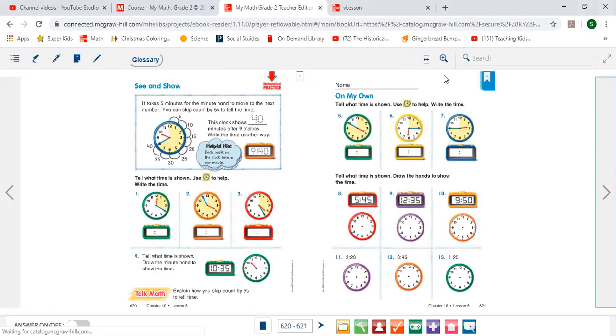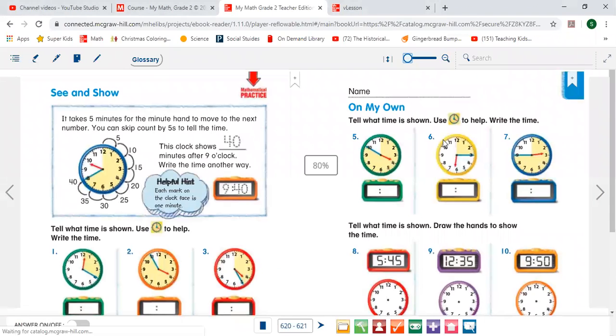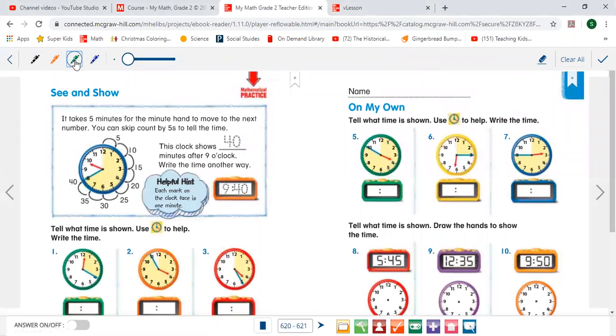It says, tell what time is shown, use the clock to help, and write the time. Alrighty, so if we're telling what time is shown, I would encourage you to find those minutes. Okay, so we have 5, 10, 15, 20, 25, 30, 35, 40, 45, 50.